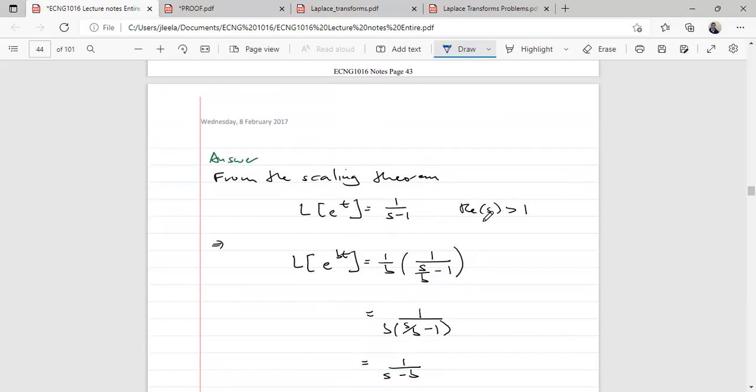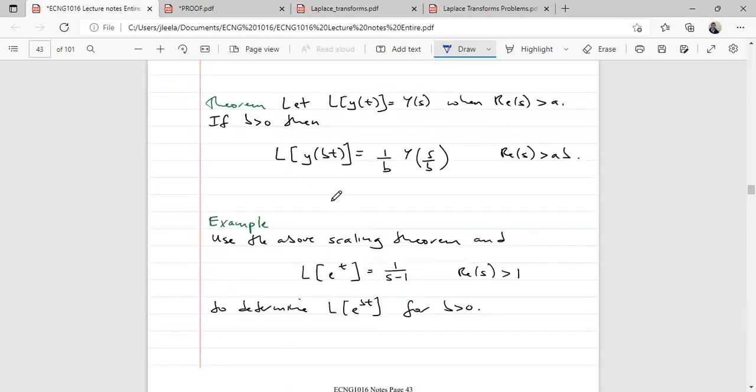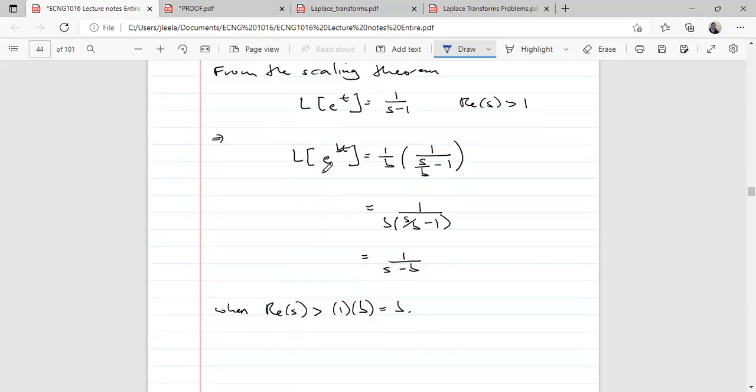So from the scaling theorem here, real of S is greater than 1, and you have your bt now. So you know the scaling theorem says the Laplace of y of bt, and in this case e to the bt, will be 1 over b times Y of S over b.